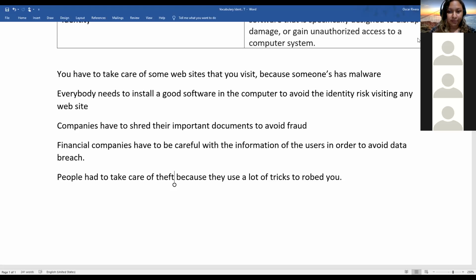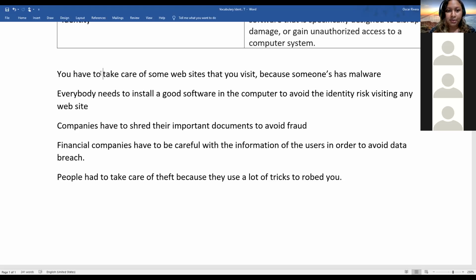Something. Some, just some. Because some, is it plural or singular? Plural. So we're going to say has or have? Has. For plural, have. Now, can you read the sentence with the corrections for me? You have to be careful with some websites that you visit because some have malwares. Okay, perfect.